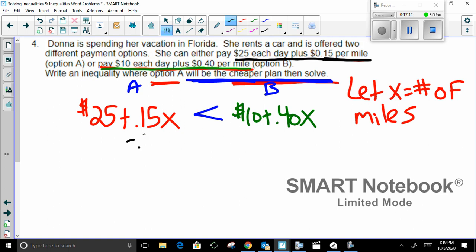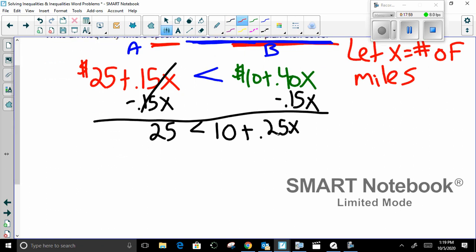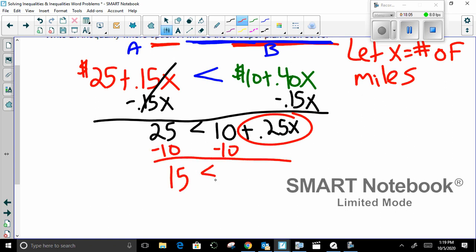I'm going to subtract this one and see what that has me left with. 25 is less than 10 plus 0.25x. I can't touch this until I get rid of plus 10, so minus 10. So 15 is less than 0.25x.